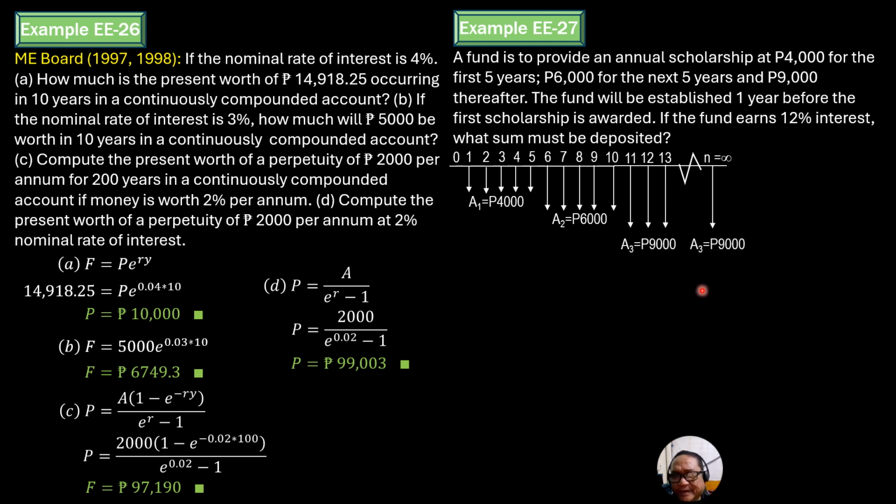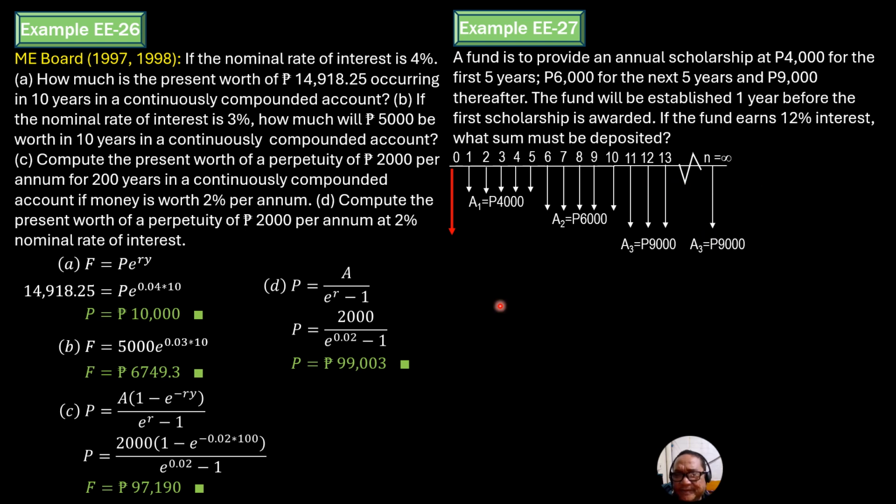So therefore, we have to compute the present worth of this type of cash flow diagram. The first 5 years will be considered an ordinary annuity. Next is a deferred annuity, which continues indefinitely.